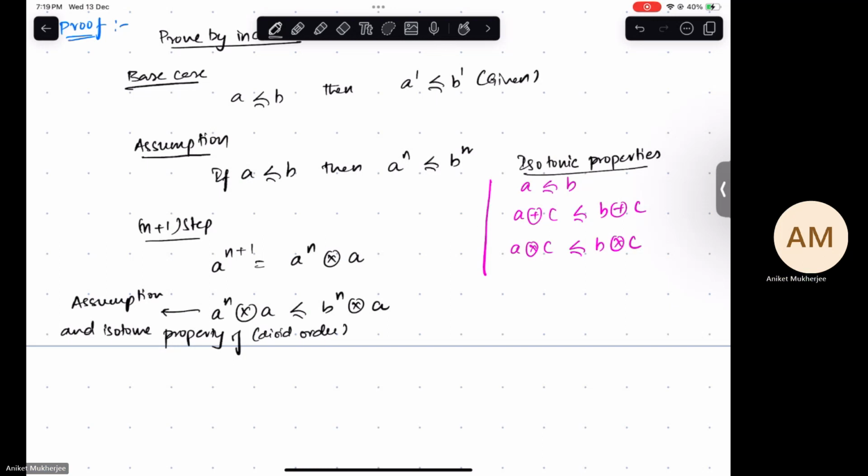Now this is dioid order of B^n into B. Right.